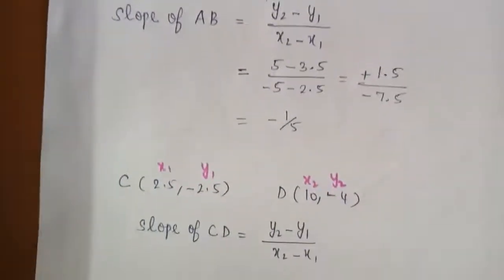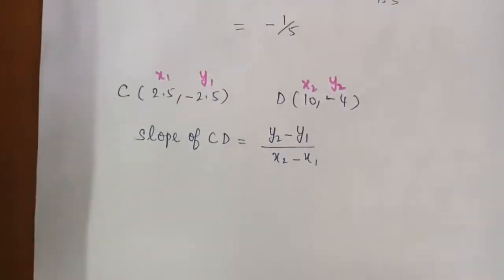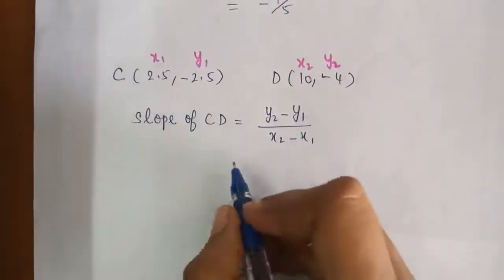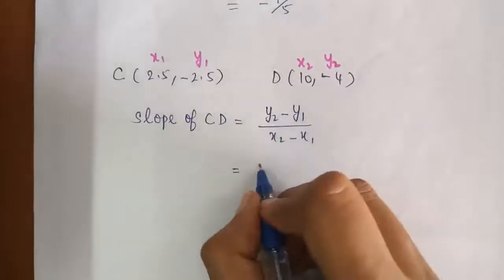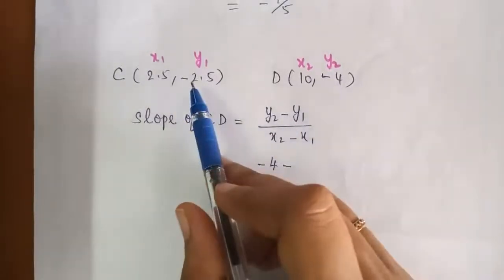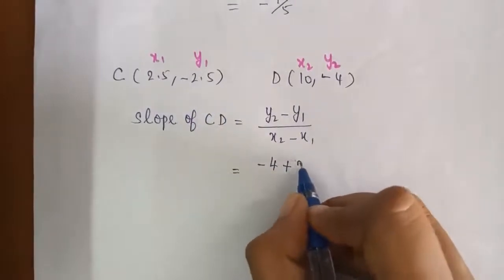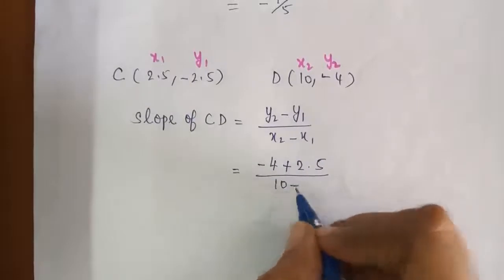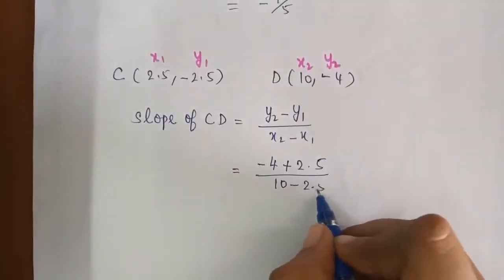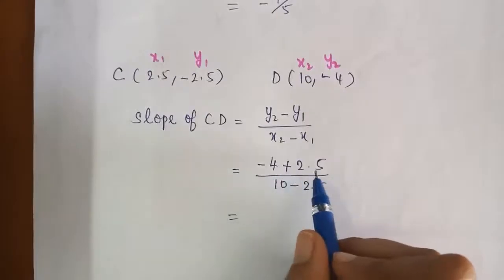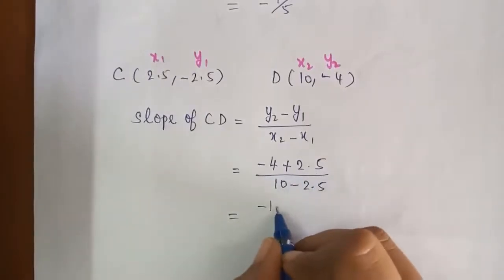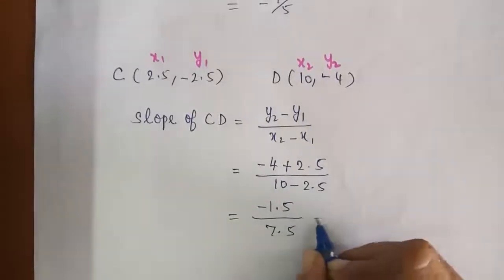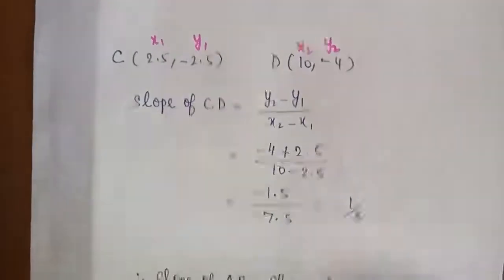Next we are going to find the slope of CD. So this is the C coordinate and D coordinate. Slope of CD is equal to y2 minus y1 divided by x2 minus x1, which is equal to y2 value is minus 4 minus y1 value is minus 2.5, so minus of minus is plus 2.5, divided by x2 value is 10 minus x1 value is 2.5, which is equal to minus 4 plus 2.5 is minus 1.5, divided by 10 minus 2.5 is 7.5, which is equal to minus 1 by 5.